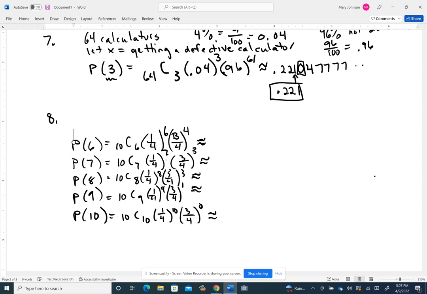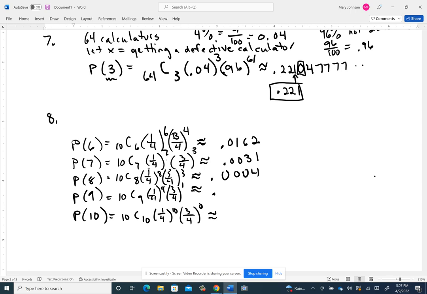So I got approximately 0.0162. Then 7 was approximately 0.0031. Then I got about 0.0004. Not very likely that you'll get 8 correct just by guessing.